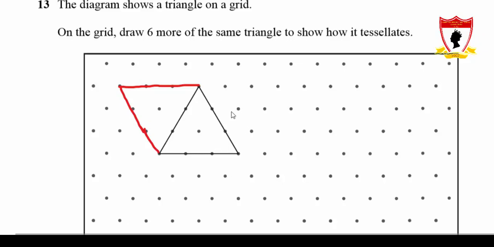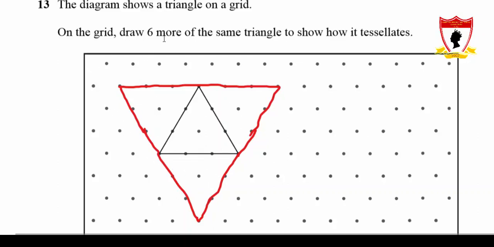To draw one more, I'm going to draw another one on the side. 3 steps, 1, 2, 3, and here 1, 2, 3. Another one. If we flip this one, 3 steps, 1, 2, 3, and here we did 3 more.